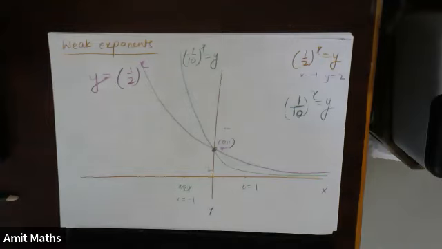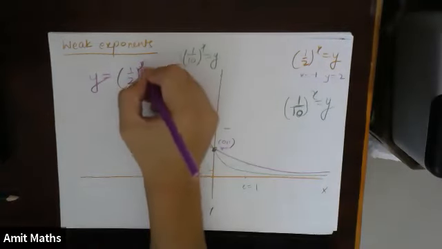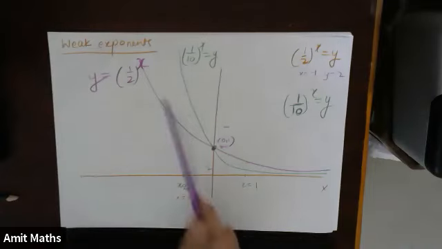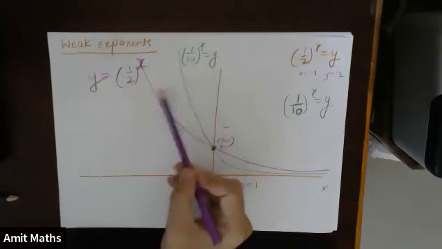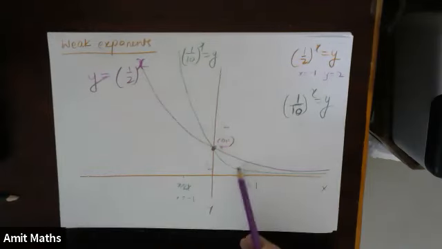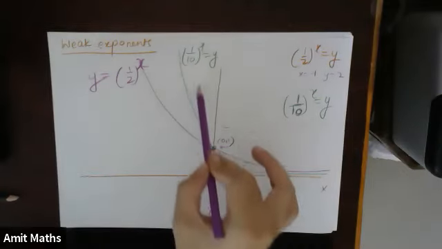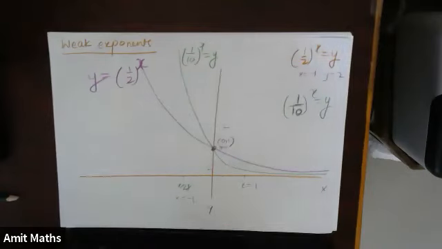Now using the same concept, if I had to draw the graph of 1 by 8 to the power x, that graph will lie somewhere in between these two. If I had to draw the graph of 1 by 100, it will be on the right side, and here it will be on the lower side.